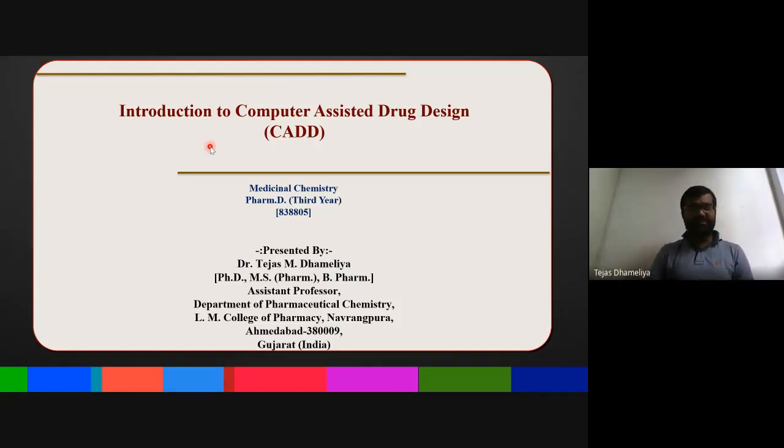There are several types of techniques where computers are taken to help in drug design. Now, what are the advantages of utilizing computers in the field of drug discovery and drug design? What is the meaning of drug design? Friends, if we have fashion design, what do we do in fashion design?